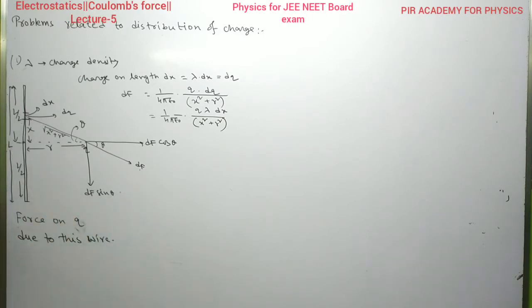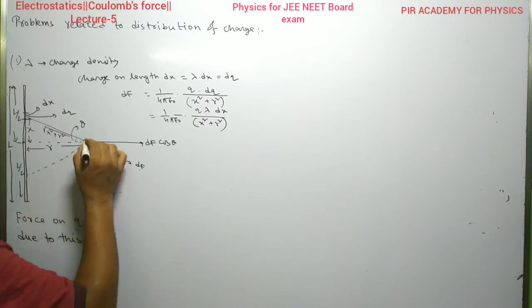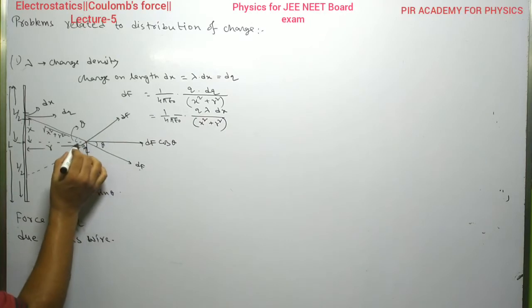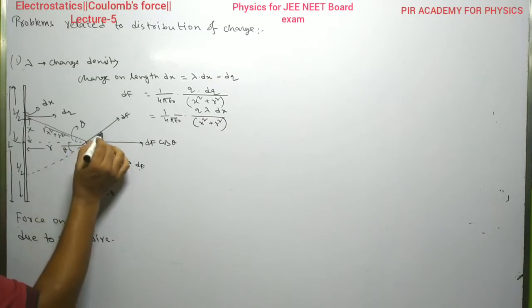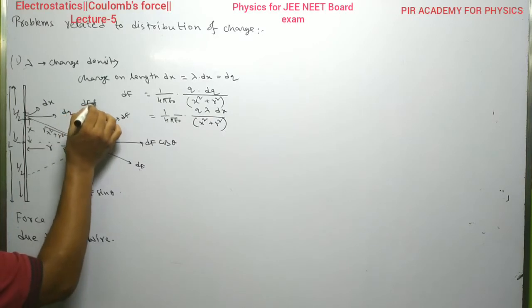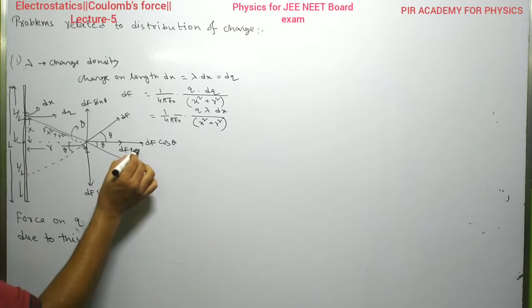If I take another element of length dx here, then the force will be along this direction. So if I isolate, suppose this is theta, then this will be theta, and along this direction will be dF sin theta, and along this direction will be dF cos theta.